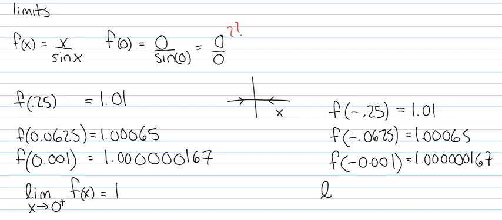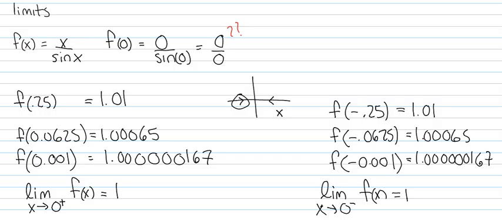So we can now say that the limit as x approaches 0 from the negative side of f of x is also going to be 1. So now what we can do is say that the limit of f of x from both the positive and negative side of the x-axis is 1.